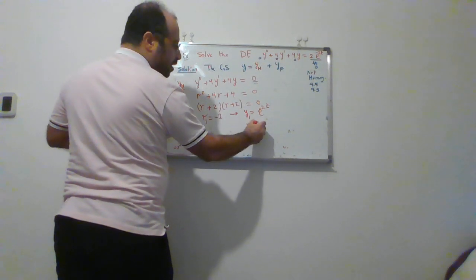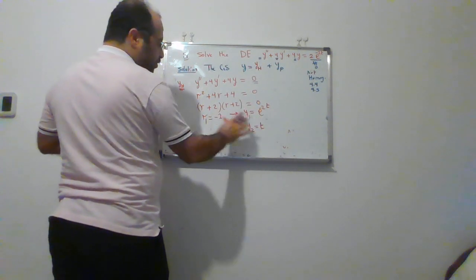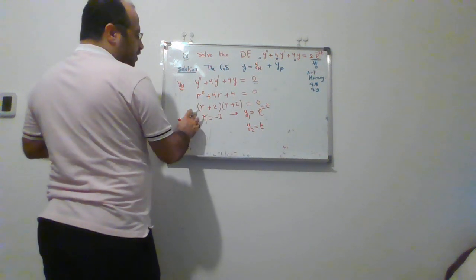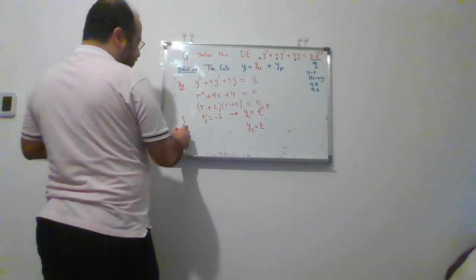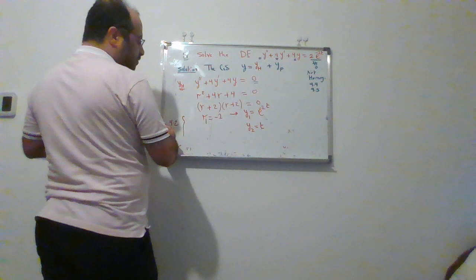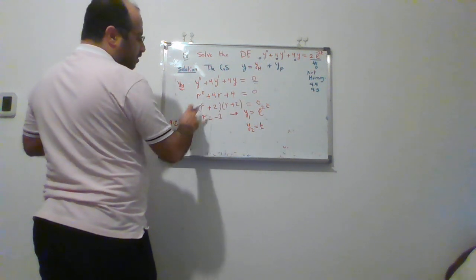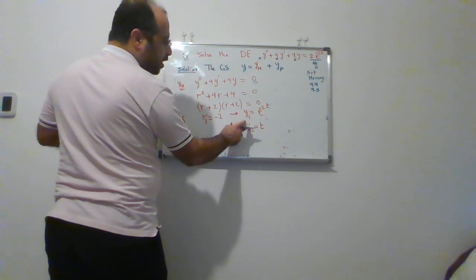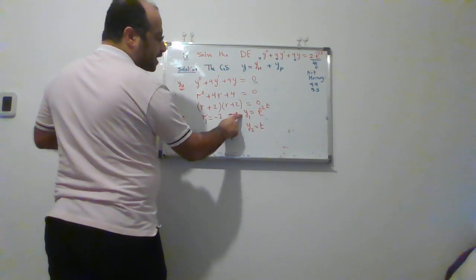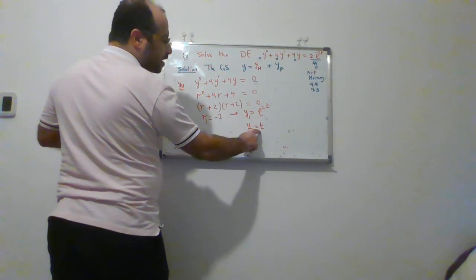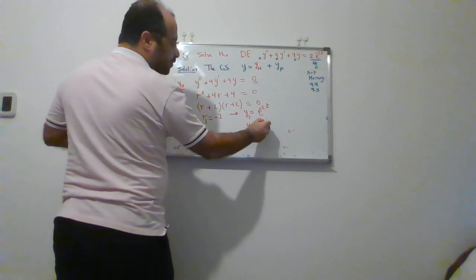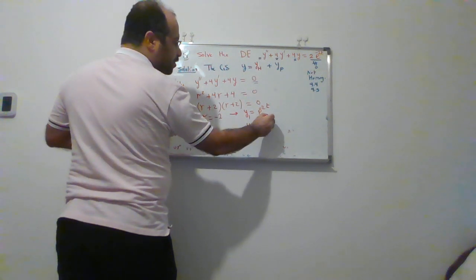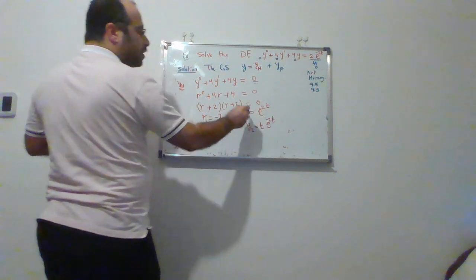You multiply by the independent variable. Now you go and check section 4.2, right? When you have multiple roots, then you need to generate y2 from y1, and I told you for now take it as multiplying with the independent variable. And in the future, I will show you how to find y2 from y1.